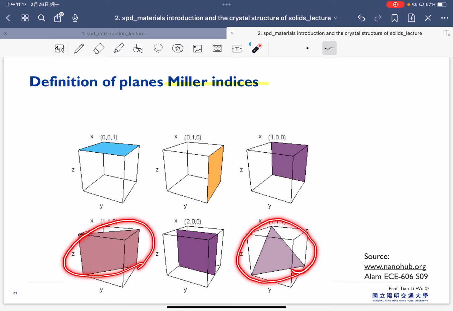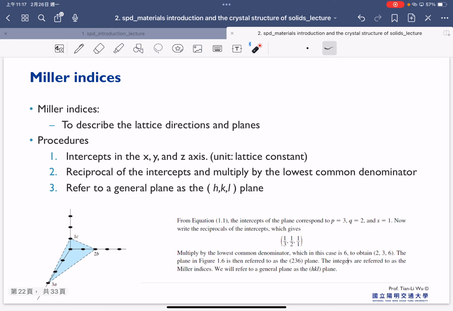How do these numbers come about? Therefore we introduce the Miller index, which describes lattice directions and planes. How do we calculate the Miller index?